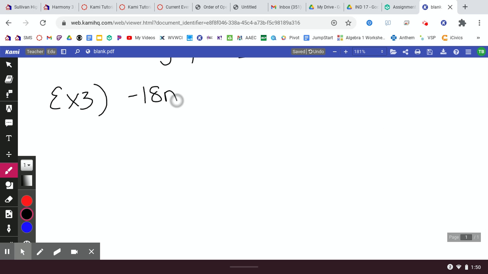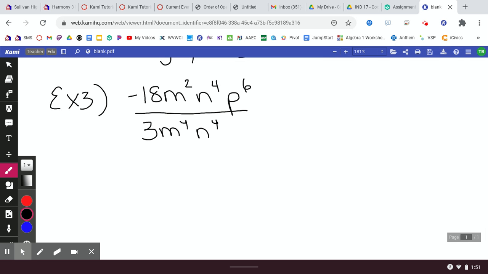Negative 18 m squared n to the 4 p to the 6 over 3 m to the 4 n to the 4 p to the 2.